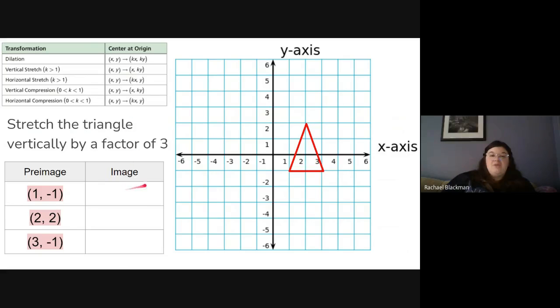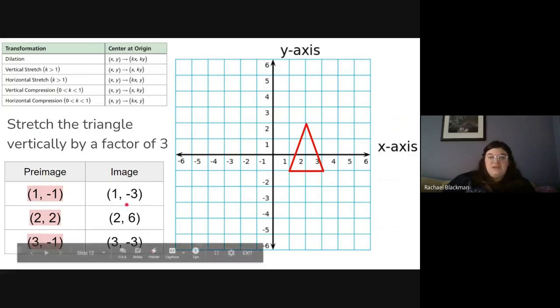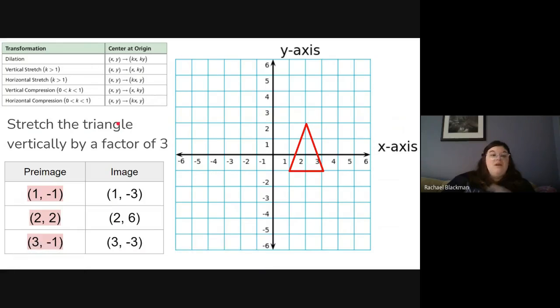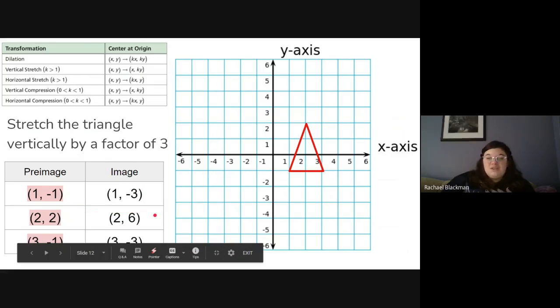So I know I only need to multiply my y coordinates. My image points should look something like this. My x coordinates, 1, 2, and 3, remain unchanged. But my y coordinates, which were -1, 2, and -1: -1 times 3 is -3. 2 times 3 is 6.